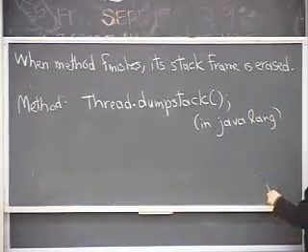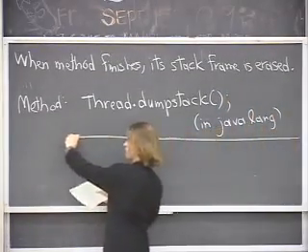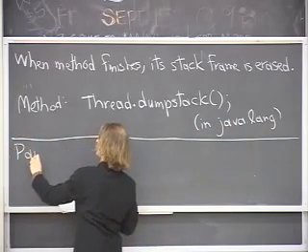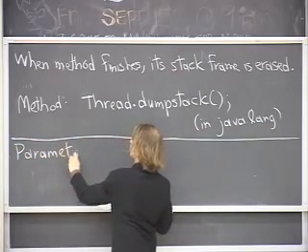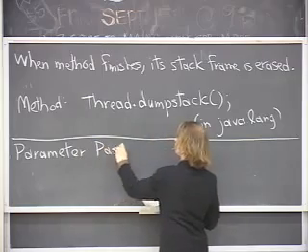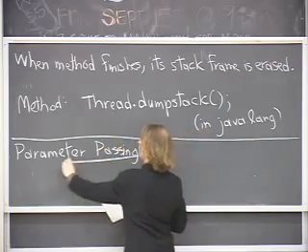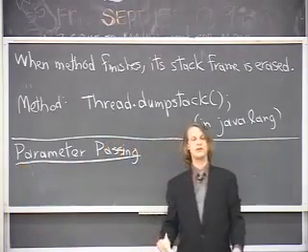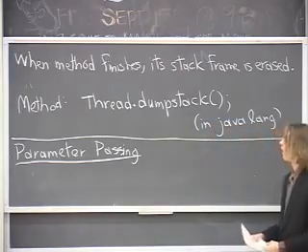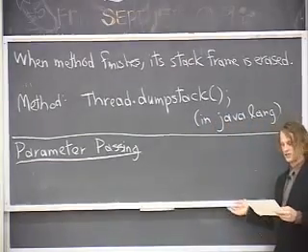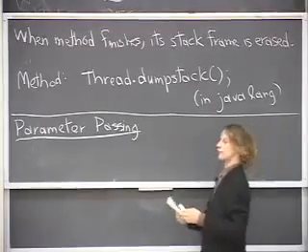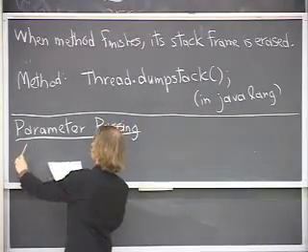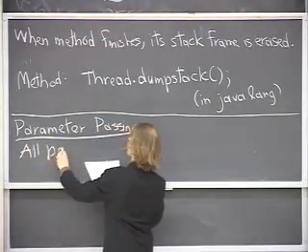So the stuff I've just showed you is a prelude to parameter passing. Because it's important to understand how parameters are passed in Java and what happens to parameters when you change them. So parameter passing in Java is like in Scheme. All parameters are passed by value.